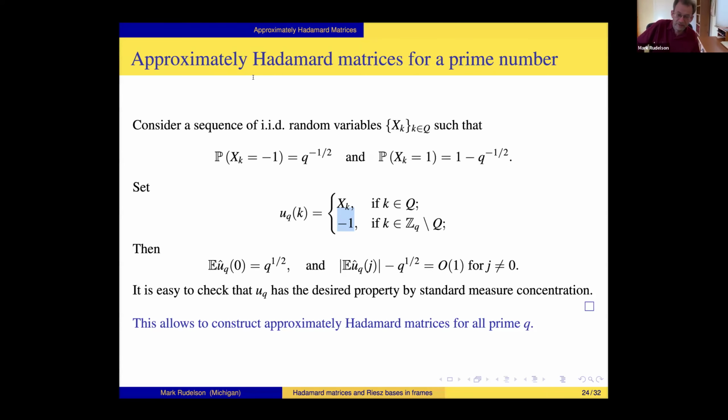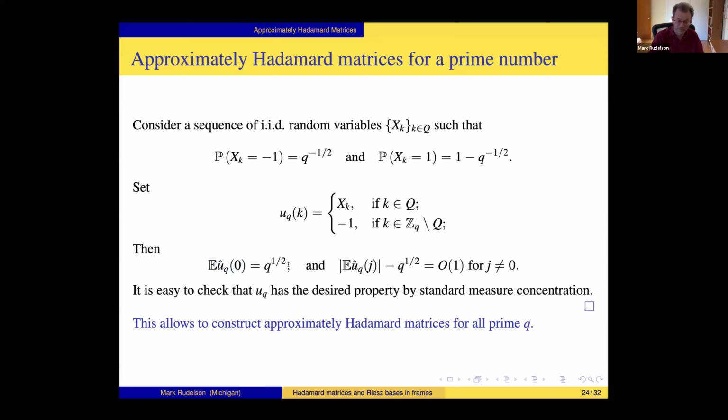And for the quadratic residues, we introduce independent random variables, replacing the original value 1 by -1 with some probability. Which probability? The probability is chosen so that on average, the 0 Fourier coefficient will be what we need, square root of q.